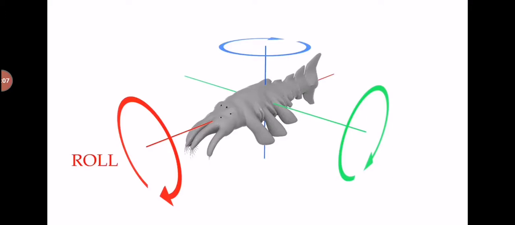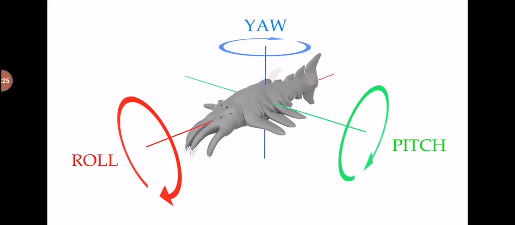Firstly, the animal needs to control roll, or side-to-side teetering, which can be achieved by evolving fins that stick out perpendicular to the body. If positioned towards the front or back of the body, these fins also help maintain pitch, or rotating forwards and backwards. Finally, yaw, or turning left and right, can be adjusted with dorsal or ventral fins, which typically occur posterior to the animal's center of gravity.